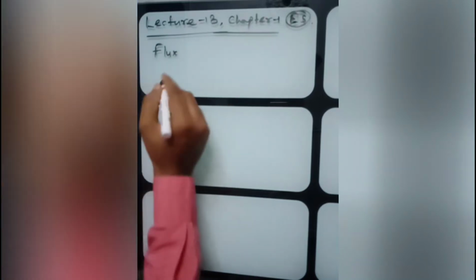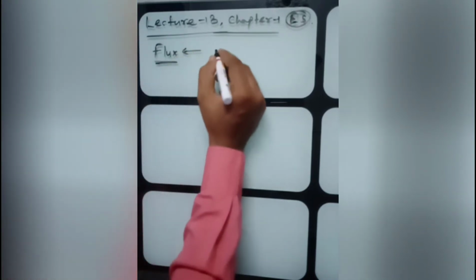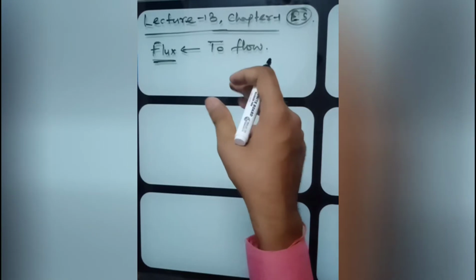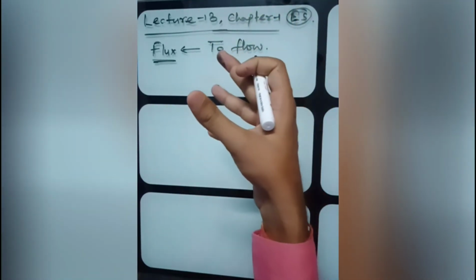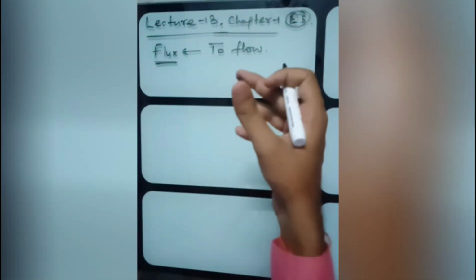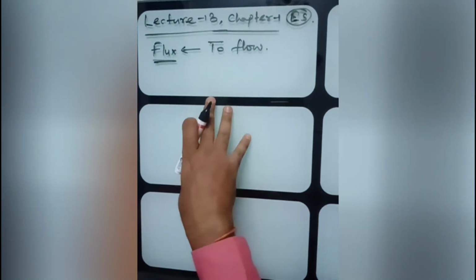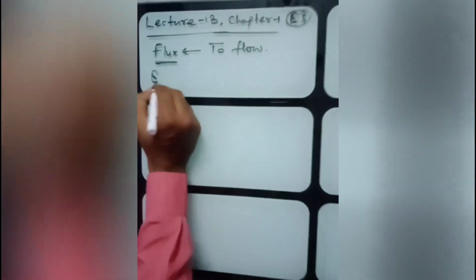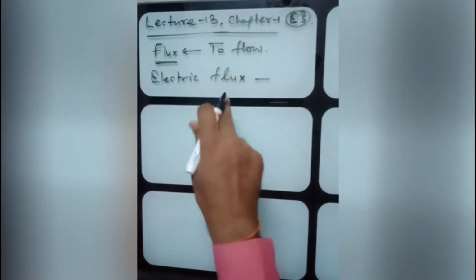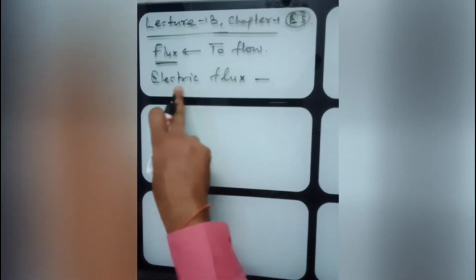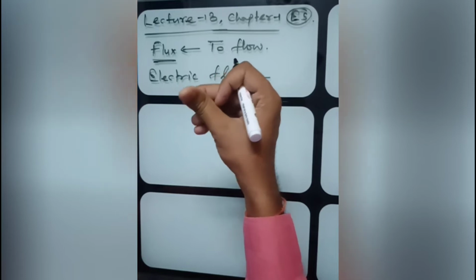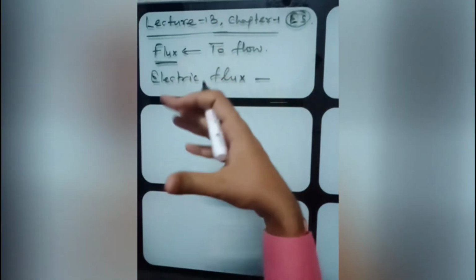The literal meaning of flux is to flow: the flow of water, the flow of air, the flow of electric field lines, the flow of magnetic field lines, all of that is considered flux. So if we talk about electric flux, we are talking about the flow of electric field lines, which means you are willing to find the number of field lines from any particular surface area.